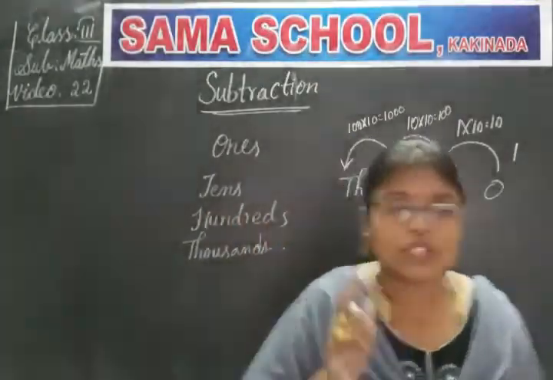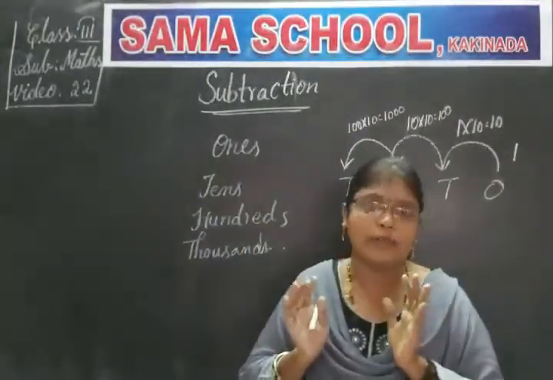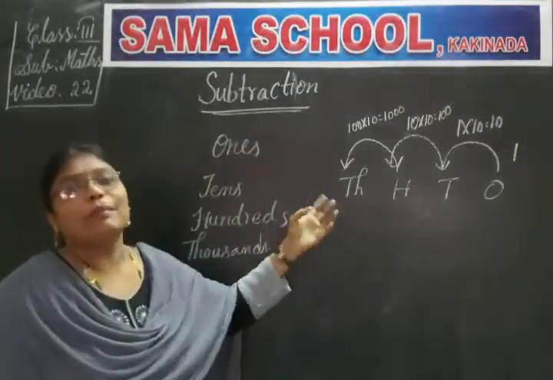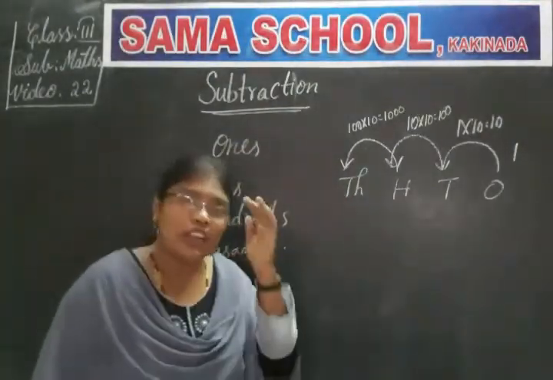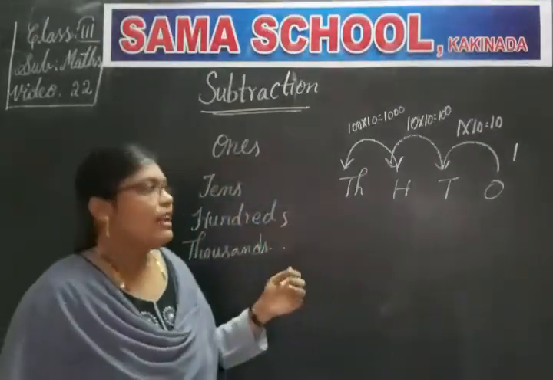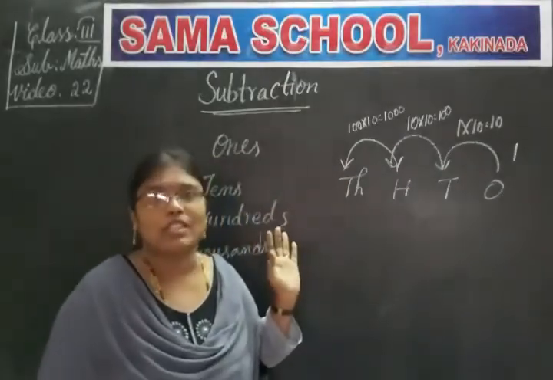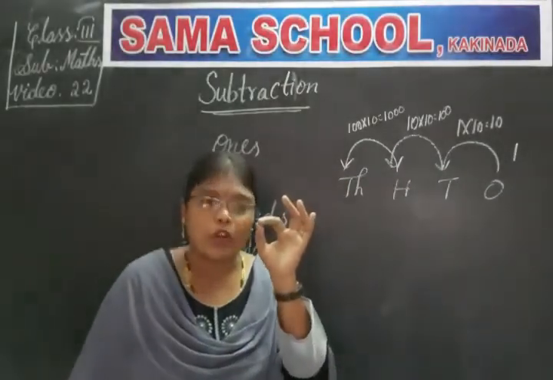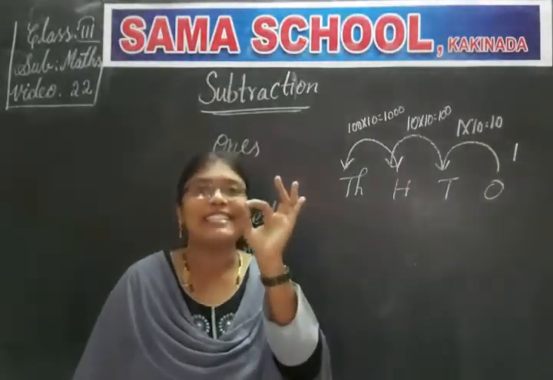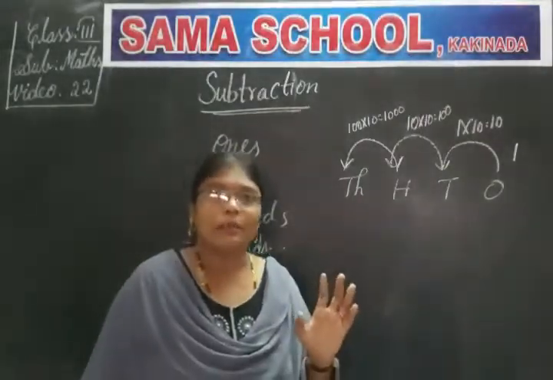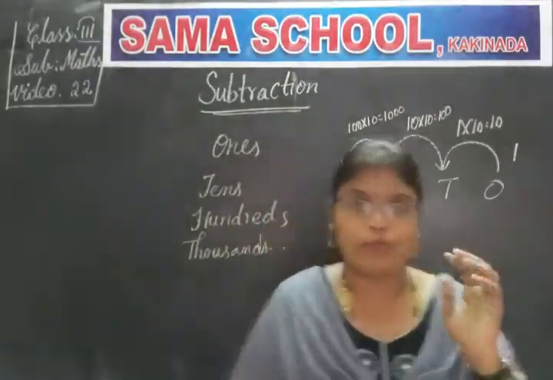So that is why in borrowing subtraction, if we borrow a number from any place, like if we take from tens, hundreds or from thousands, we will borrow only the tens place digit only. That means we are carrying only 10.